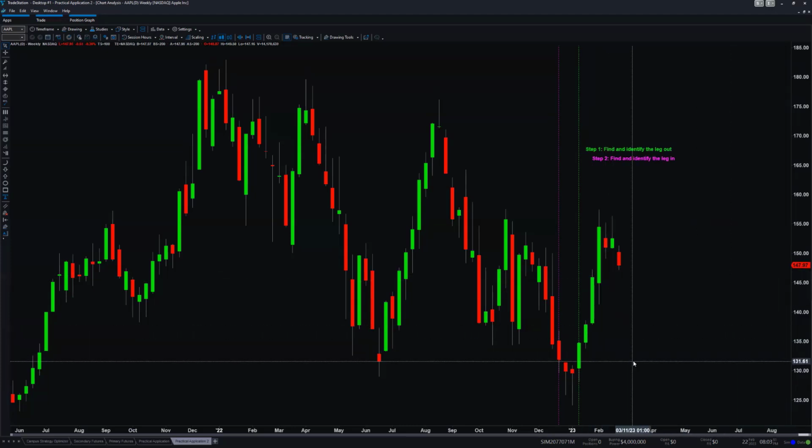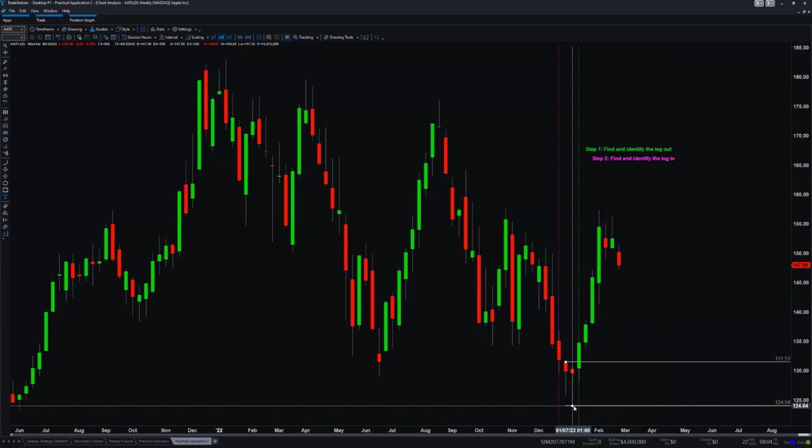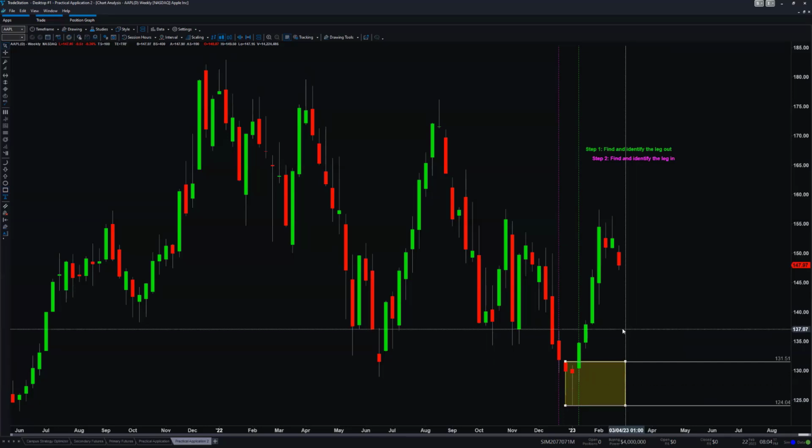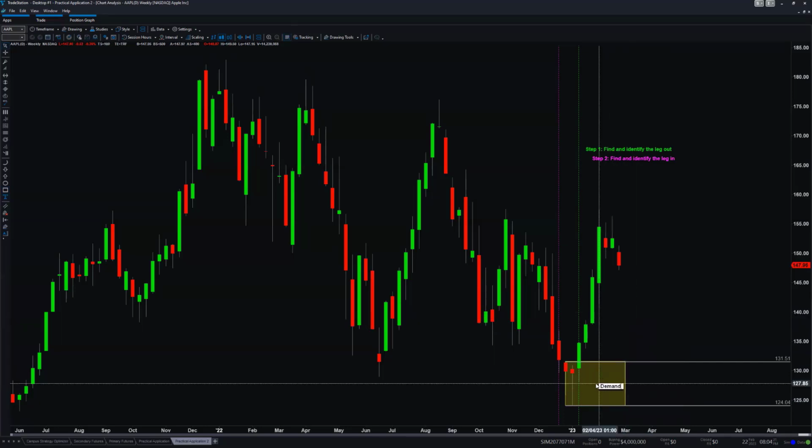And there is where our rules come into play. Our proximal goes at the highest body of the basing candles, and the distal goes to the lowest wick of the entire formation. What's left to do is we put a beautiful box. This is a demand zone or a drop base rally.